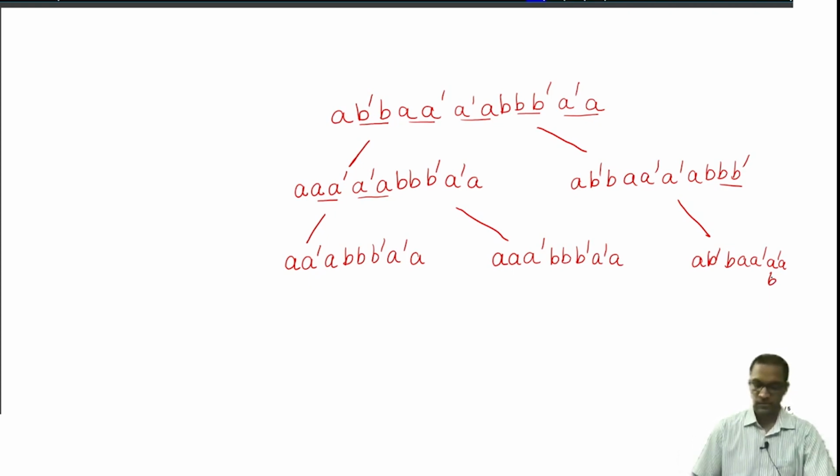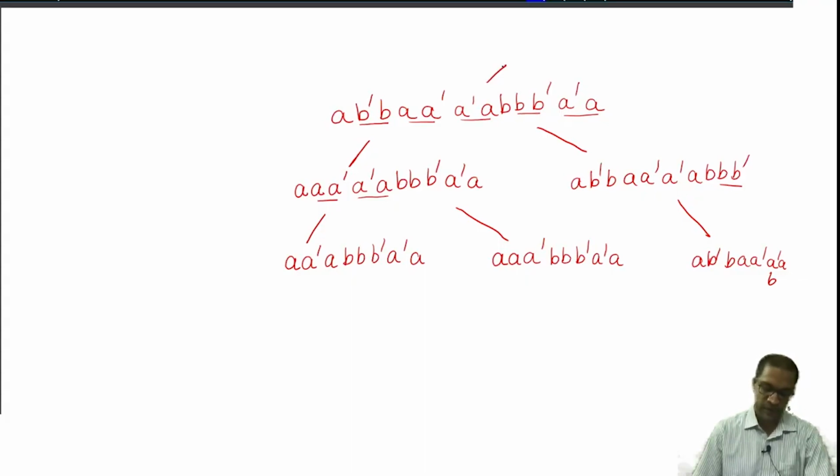So you can see that you will form a structure like this, and of course the set of words you can get from a fixed word by using the rewriting rules is infinite, because I'm always allowed to insert an A prime A wherever I want.